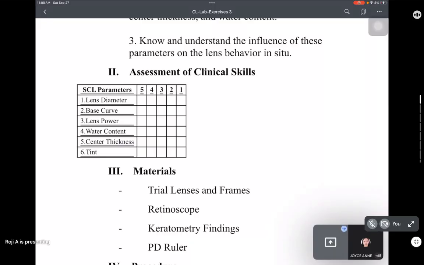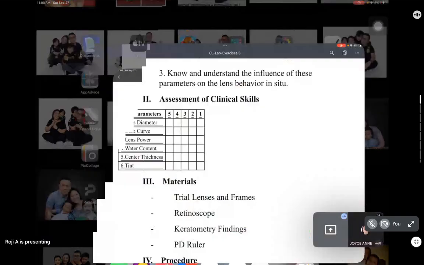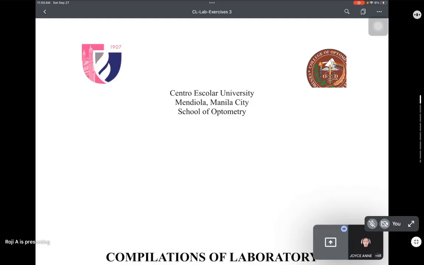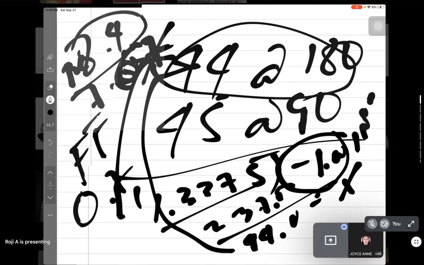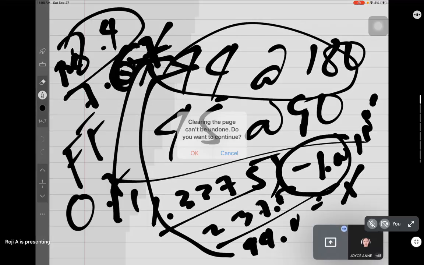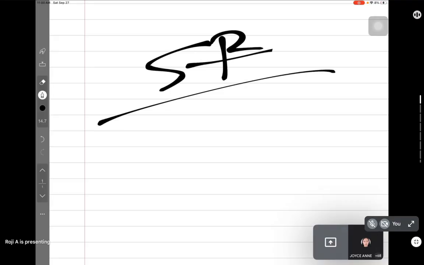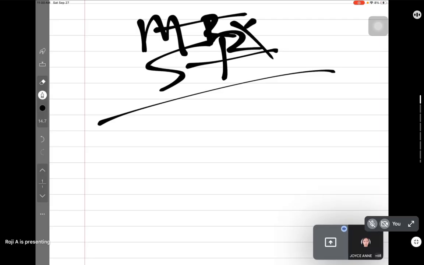base curve, then lens power, of course. As for lens power, remember SR, which is spectacle refraction, subjective refraction, or your manifest refraction.